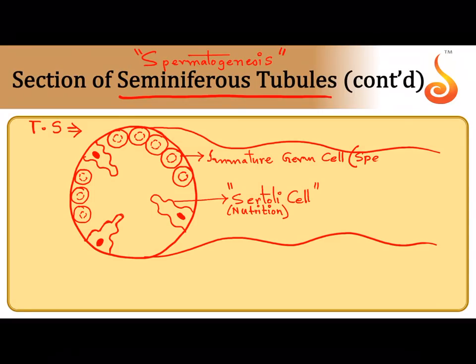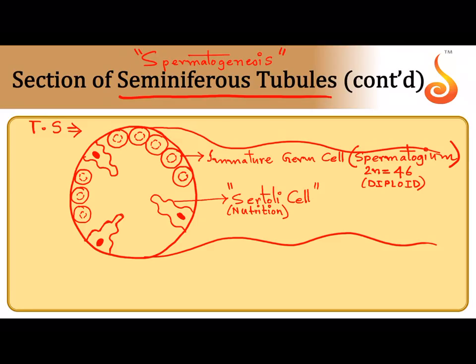The cells which form this layer are called the immature germ cells, and these immature germ cells have an alternate technical term. They are called the spermatogonium. Singular is gonium, plural is gonia, and they have two sets of chromosomes, 2n is equal to 46. As you all know, we would consider them to be diploid.